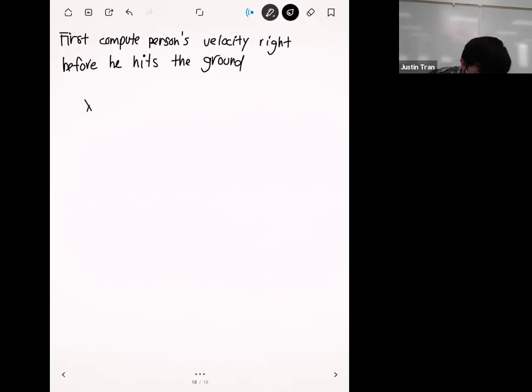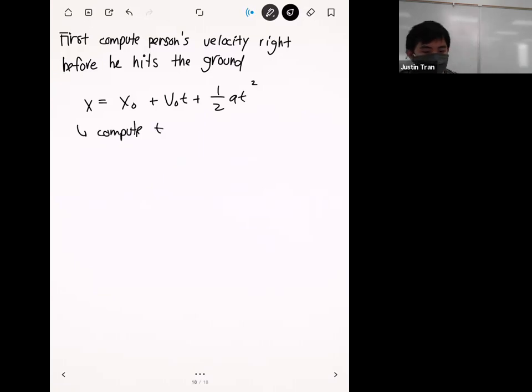For this, we're going to use our kinematic equation. Remember, x is equal to x0 plus v0 t plus 1/2 a t squared. From this, we can compute how long it's going to take for him to reach the ground, because this person is starting from a ledge that's 0.7 meters off the ground, and he's going to fall until he hits it.